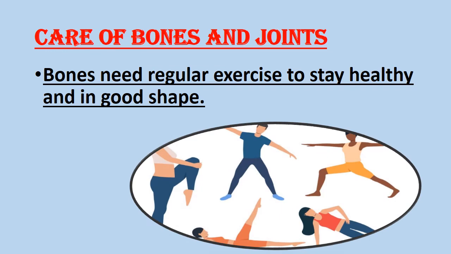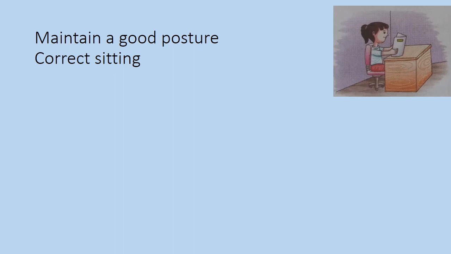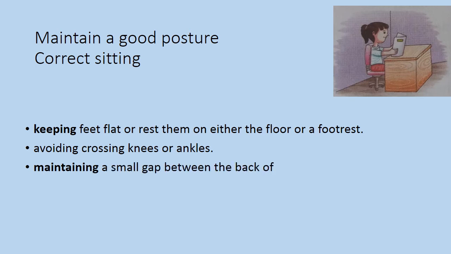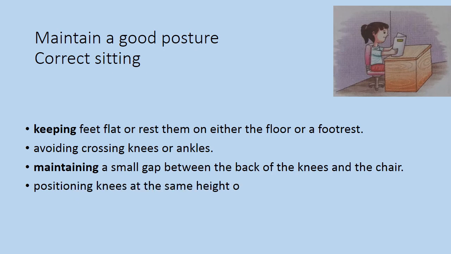You can opt for any of the exercises, whether it is skipping, aerobics, or walking. You can opt for any one. Second, to take good care of bones and joints, we should maintain a good posture, like correct sitting. Whenever we are sitting, we should keep our feet flat or rest them on either the floor or a footrest, and we should avoid crossing knees or ankles.